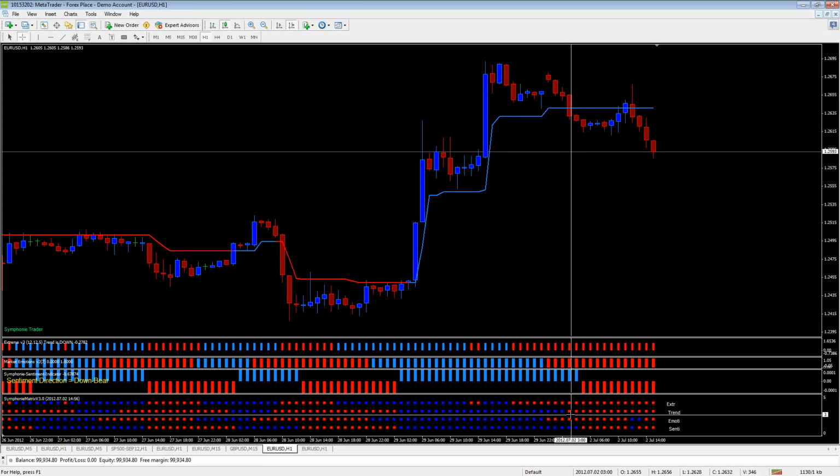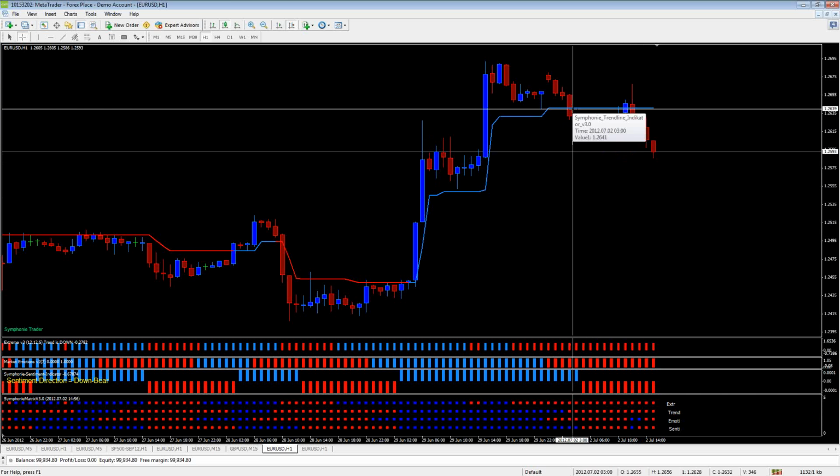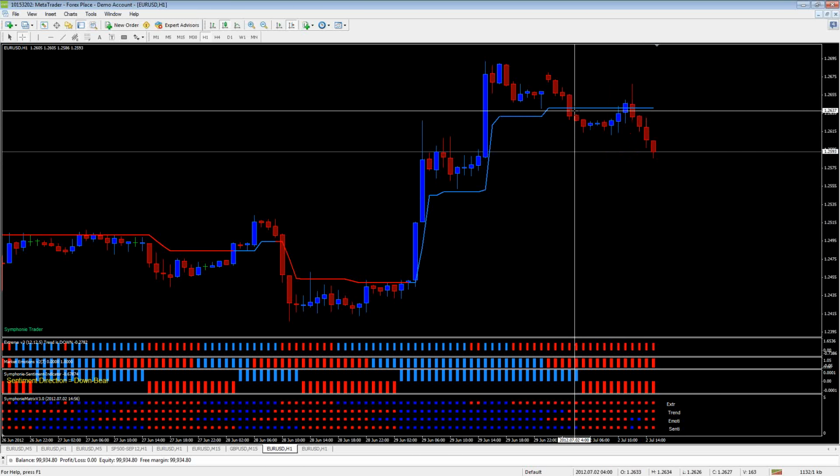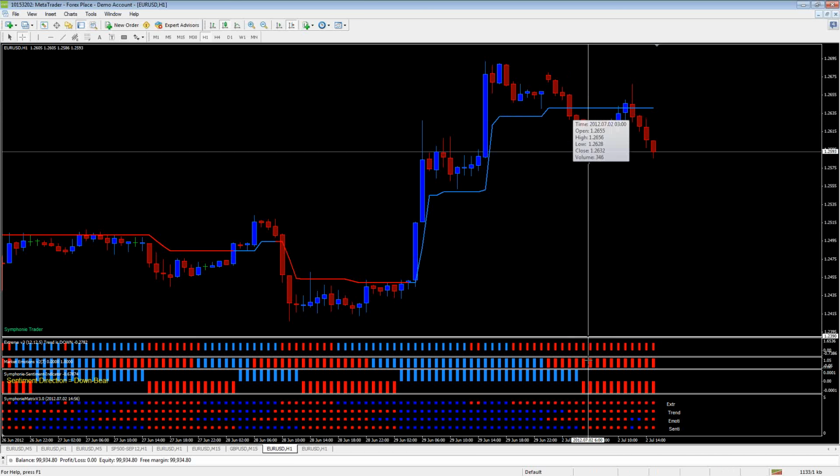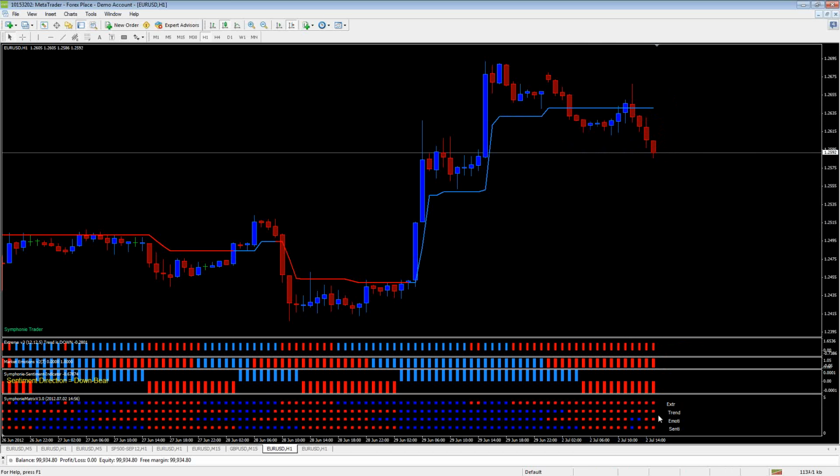You can see here, for example, that the trend line here already turned red, while here it is still blue. So there's a little bit of a difference, and with this lower indicator, you may have more signals because the trend line here changes more often than the trend line here.